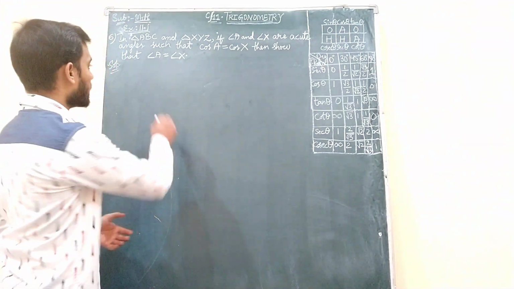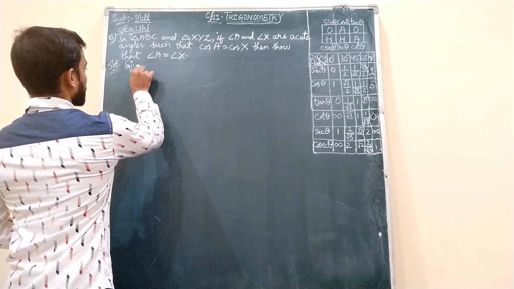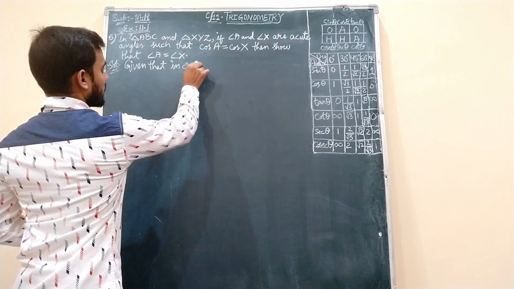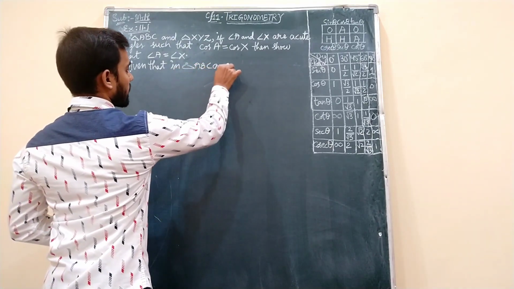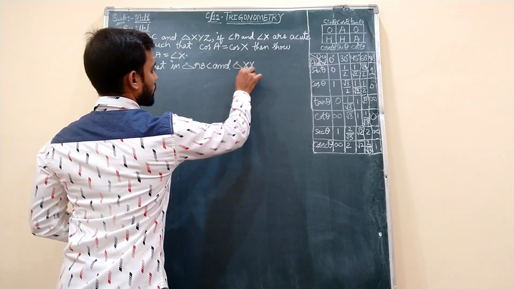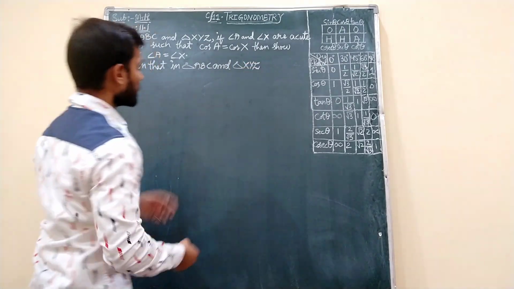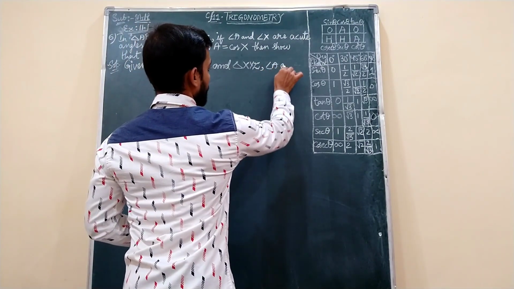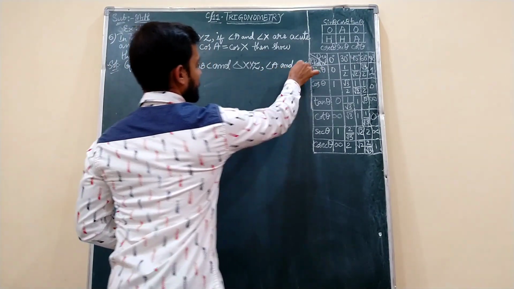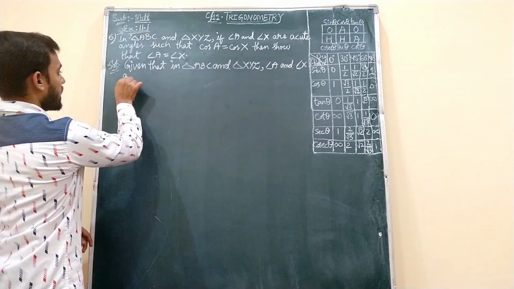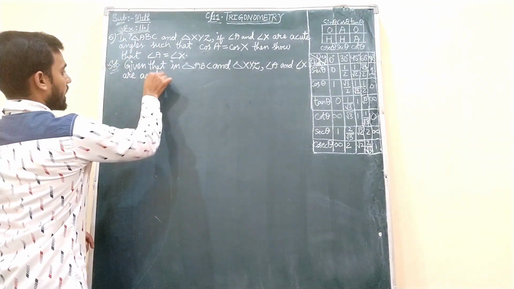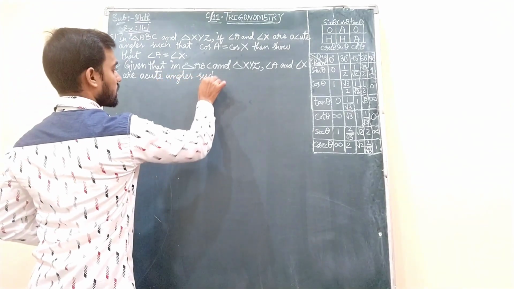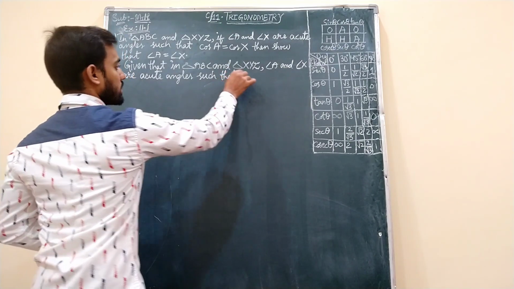Firstly, we will write the given data. Given that in triangle ABC and triangle XYZ, in these two triangles, angle A and angle X, they are acute angles and such that the cos ratios are same, right?